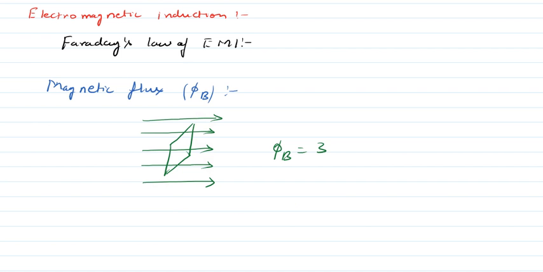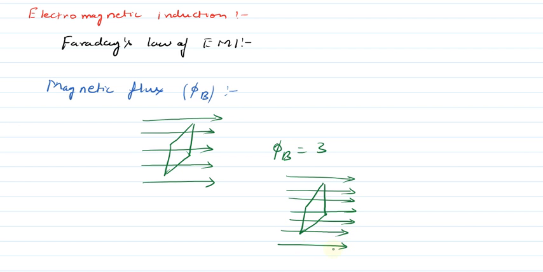To understand this, let us make another diagram. For the same surface area, this is just a basic rough diagram, and the magnetic field lines are perpendicular and closer to each other because the strength of the magnetic field increased.